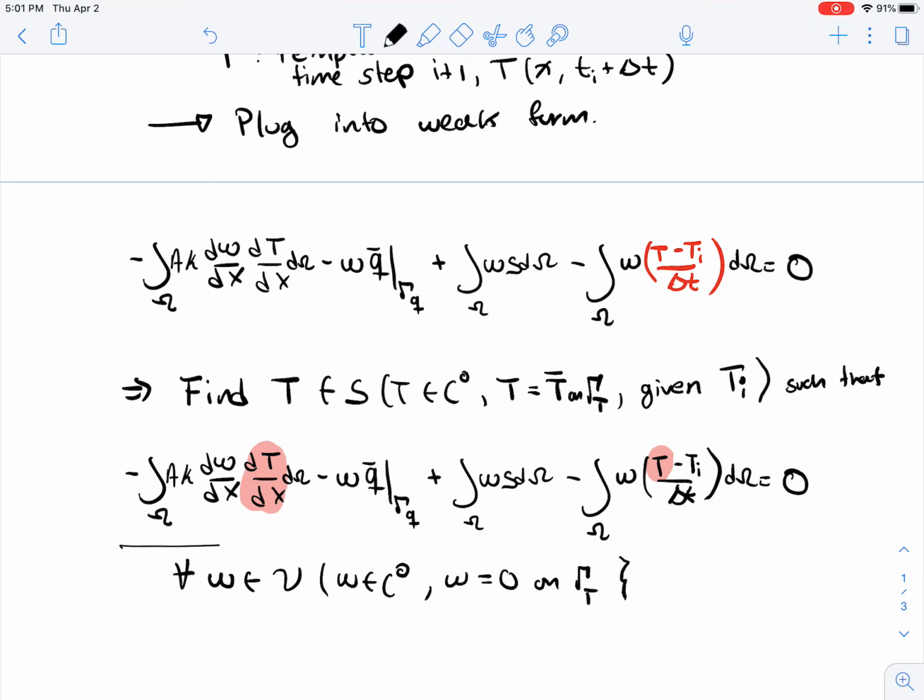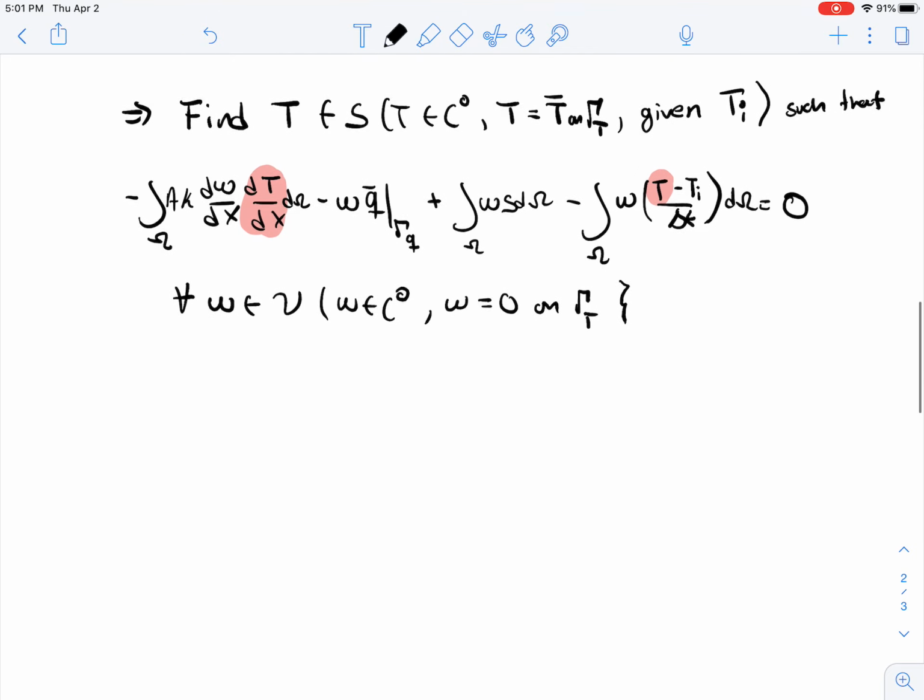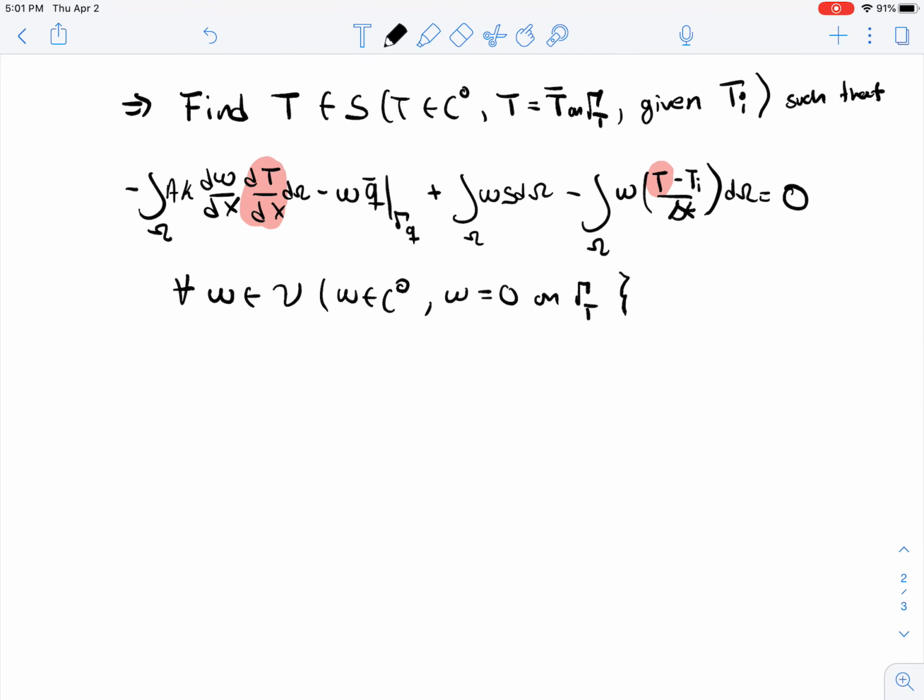So in the past, the steady state heat transfer problem has everything up to here. So you only get the derivative of the temperature, and that's it. And here, we get also this temperature right here.